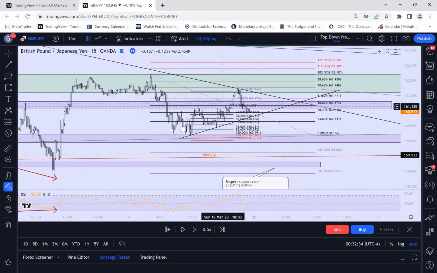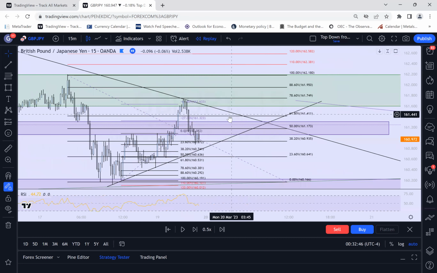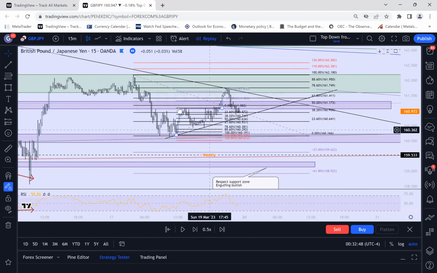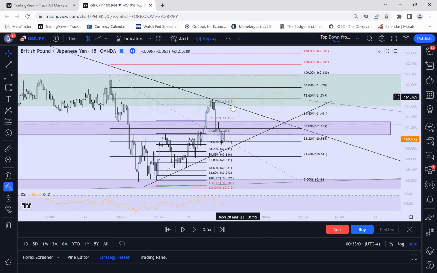On the structure inside that, we had this little bullish structure that moved from 160.191, pushed up to 161.082. Then it retraced 61.8% and then shot up to negative 61.8% at about 163.663. And that was that test of the trend line.